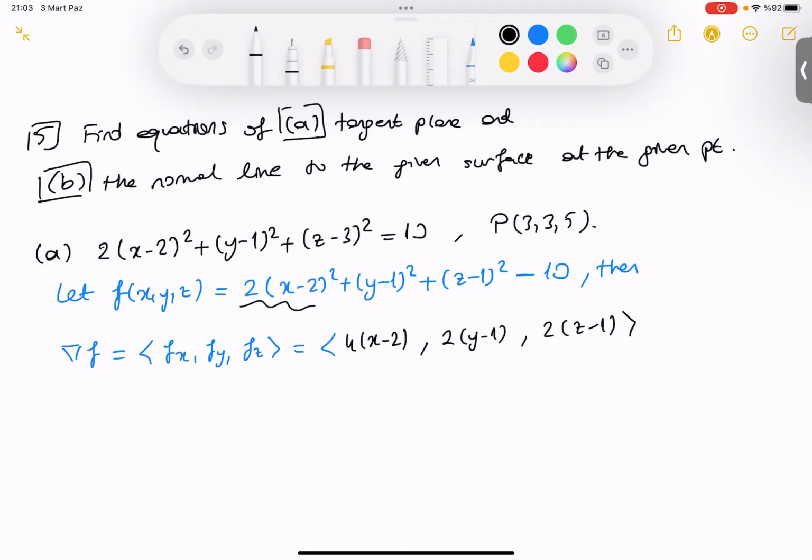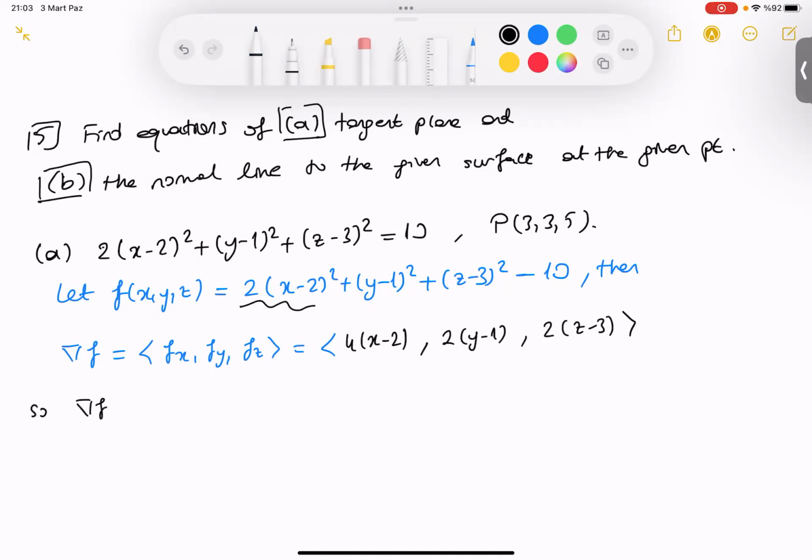Sorry, I wrote here 1, but it's 3. Yes, the rest is the same. And we have 3 here. Okay.